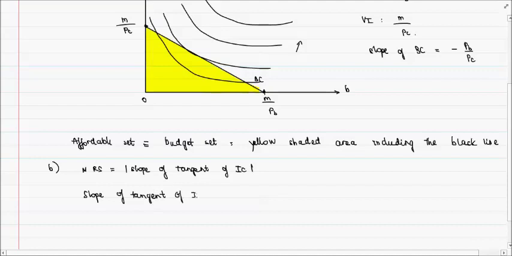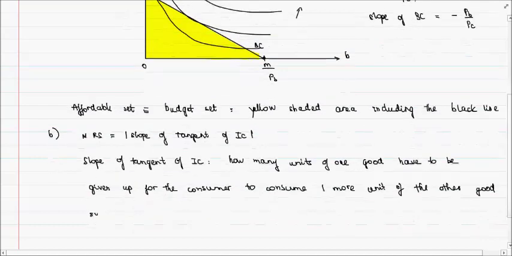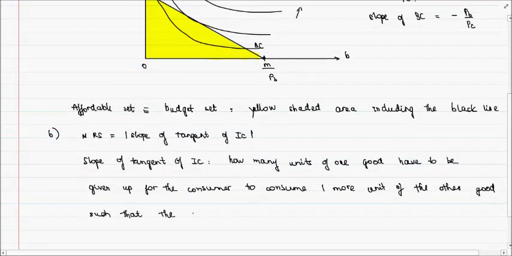The slope of the tangent of the indifference curve tells you how many units of one good have to be given up for the consumer to consume one more unit of the other good, such that the consumer is kept on the same utility level, or on the same indifference curve.